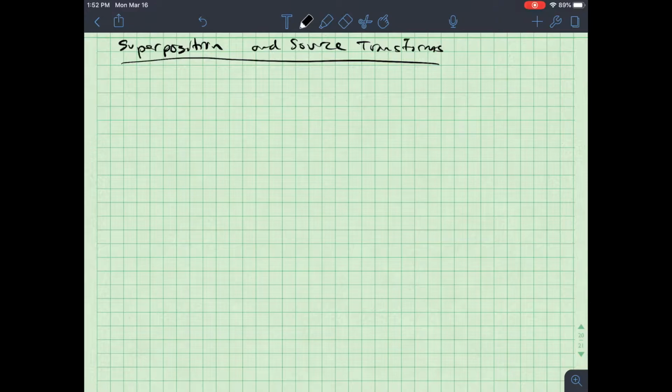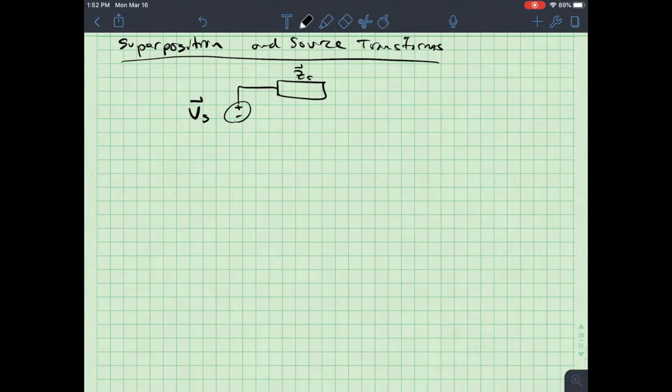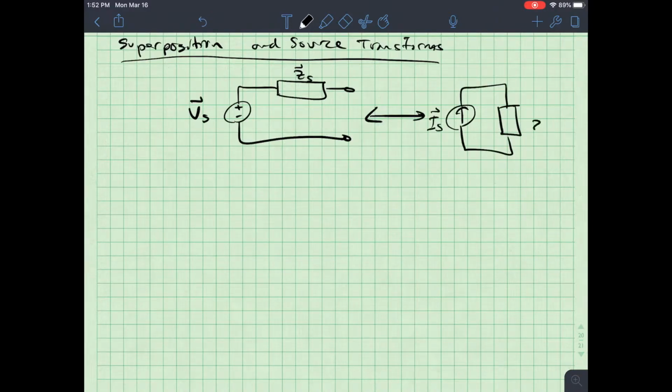So I know that Vs, looking like this, phasor with a Z phasor source in series, can be converted back and forth with a current source Is in parallel with Zs.